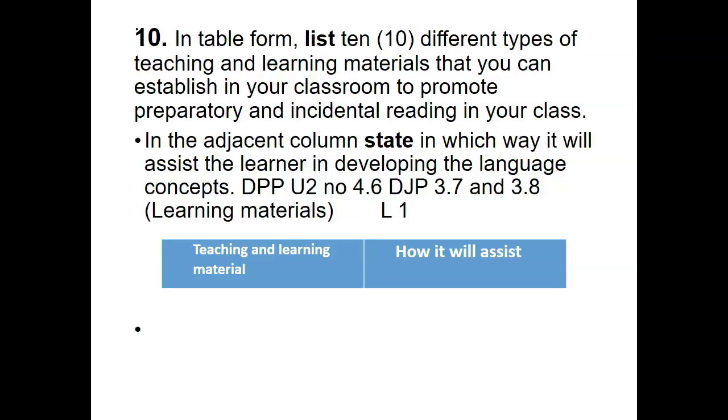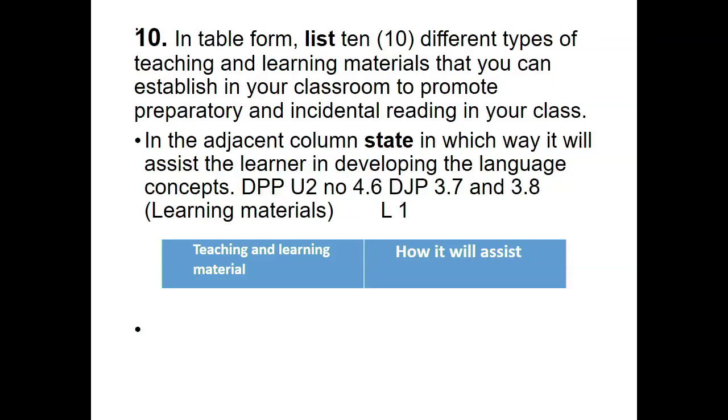Other children will try to read their friend's name. Now, in the adjacent column, remember I said this must be in table form. So in the adjacent column, next to each learning material, state in which way it will assist the learner in developing the language concepts.